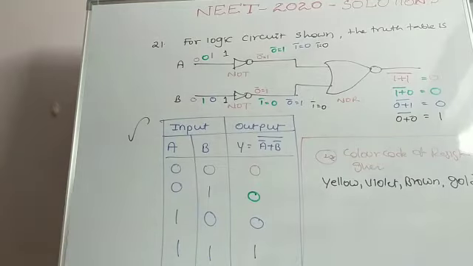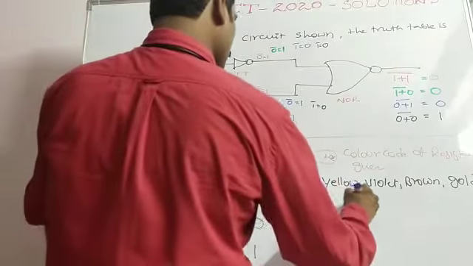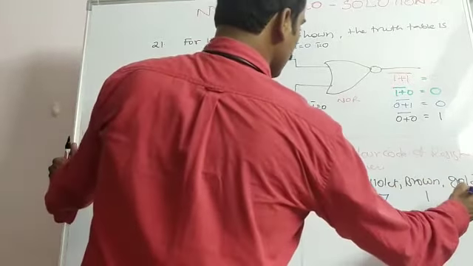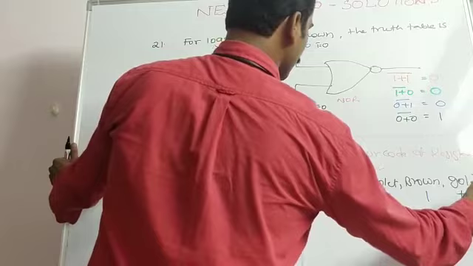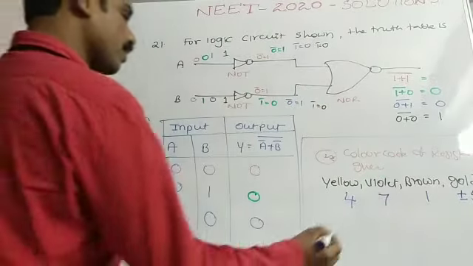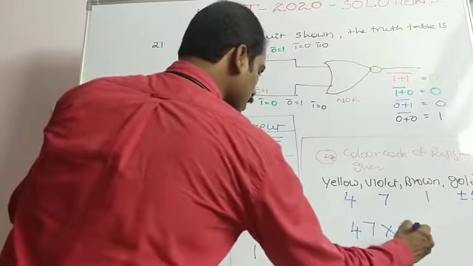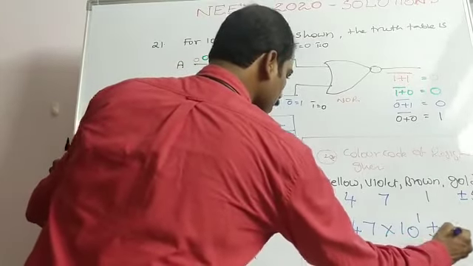And brown indicates the power of 10. We know the color code, that is BB Roy, a small hint, BB Roy, Great Britain, a very good wave. Using that, it is 4, 7, 1, and for gold, plus or minus 5. So 4, 7 into 10 power 1, plus or minus 5.